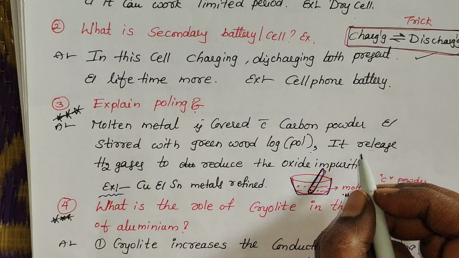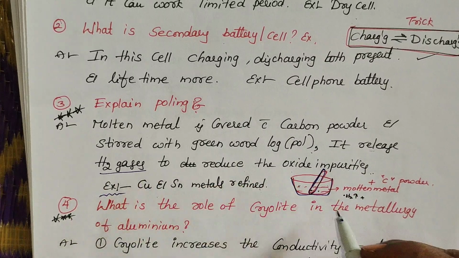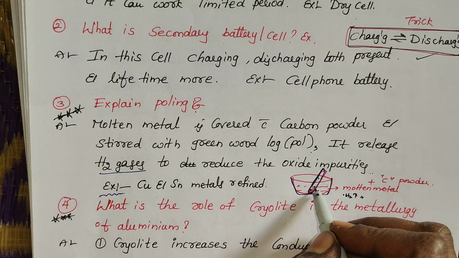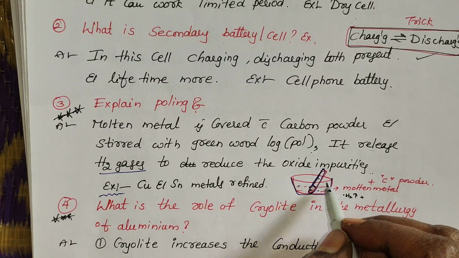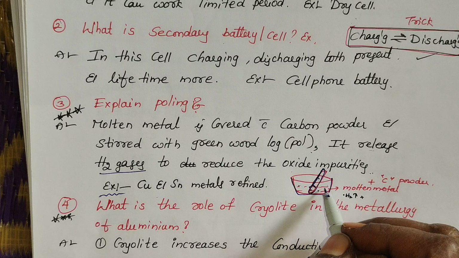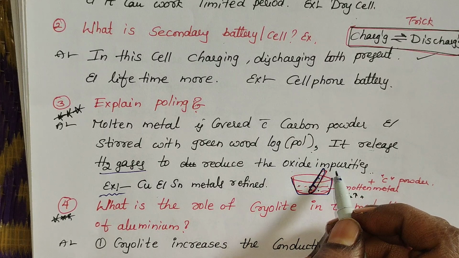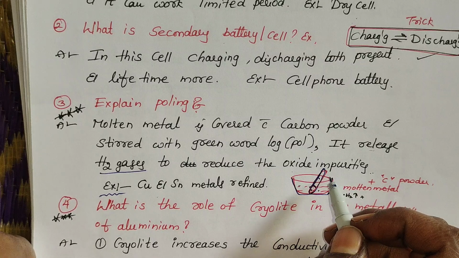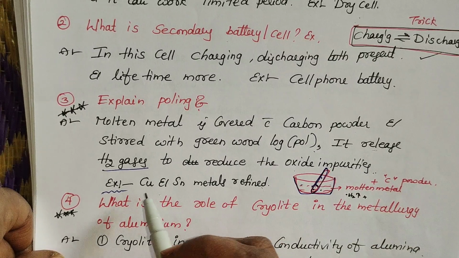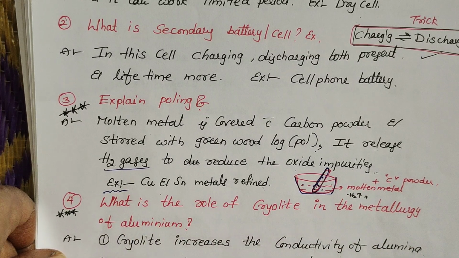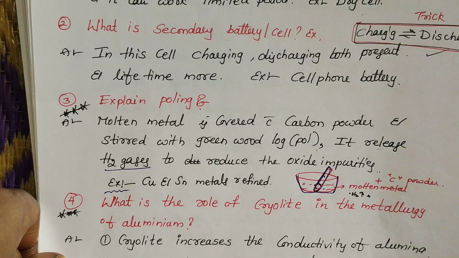This wood log releases hydrogen gas toward the molten metal. It reduces the oxide impurities, and automatically the metal is purified. Okay, so which metals, beta? Copper and stannum metals. It is also an important VSAQ.